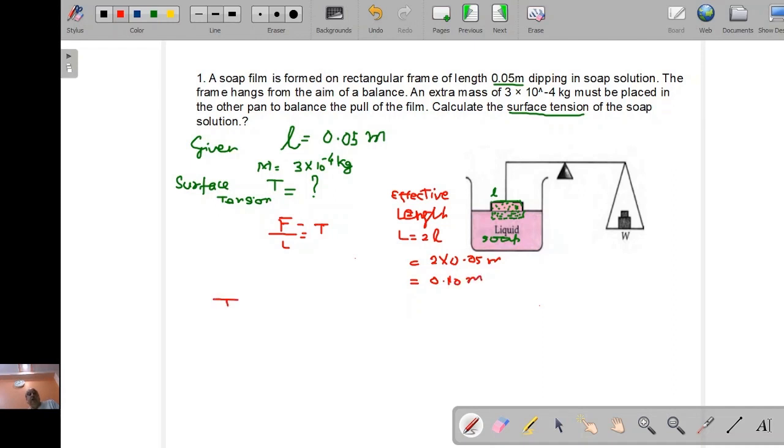Hence the surface tension is equal to force upon effective length, that is 0.10. The force is the weight, that is m into g.